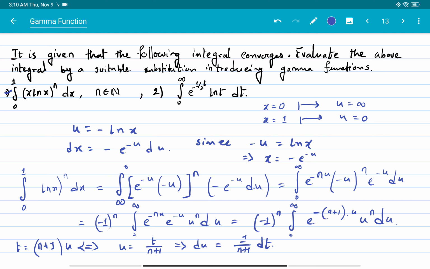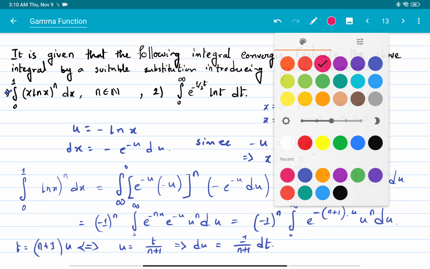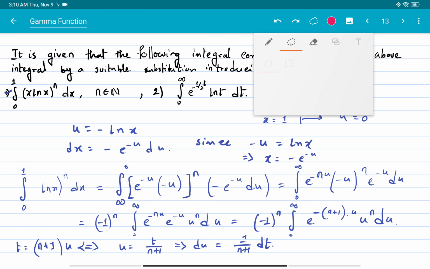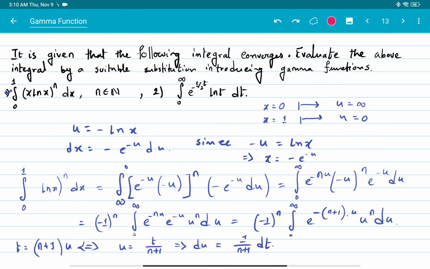And if I talk about this integral, let me cut this out.